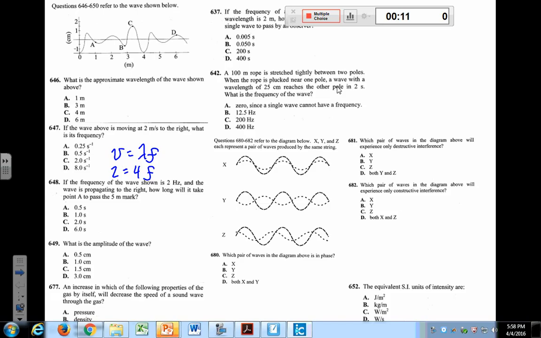At point A. How long will it take point A to pass the 5 meter mark? All right, I'll stop at 105.